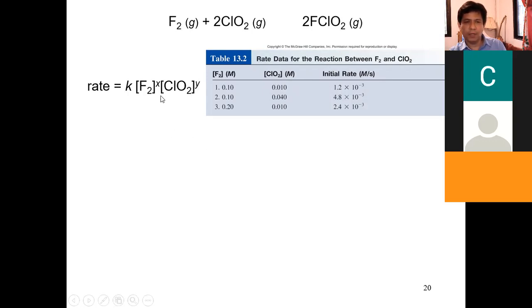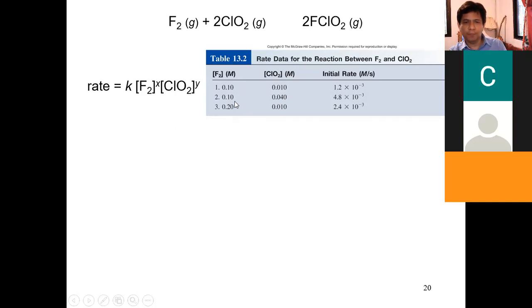So paano ba natin hahanapin yung X? Kung tandaan nyo pa. So hahanap lang kayo ng dalawang experiment. This is experiment 1, this is experiment 2, this is experiment 3 data. So hanap lang kayo nung dalawa na magkaparehas yung F2. So, experiment 1 at experiment 2, magkaparehas yung F2.